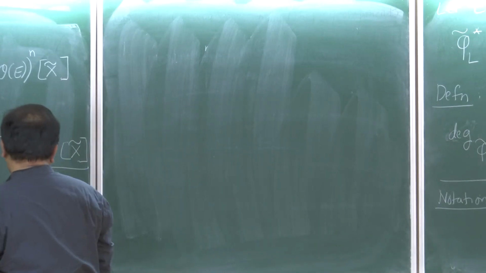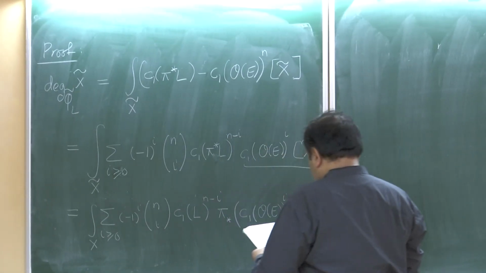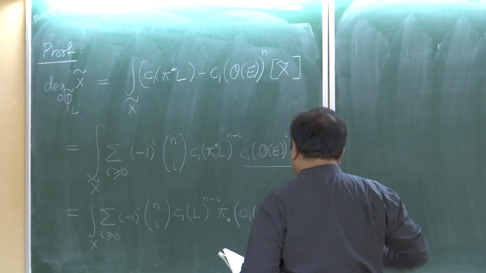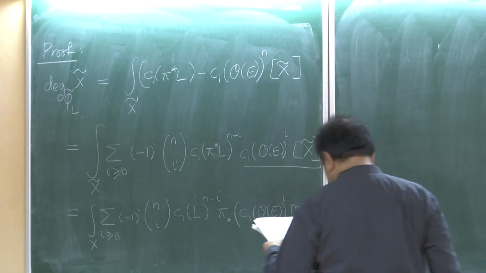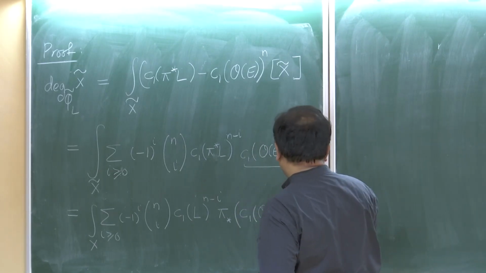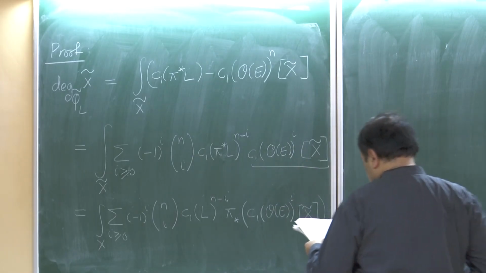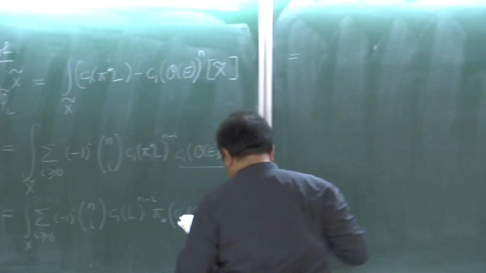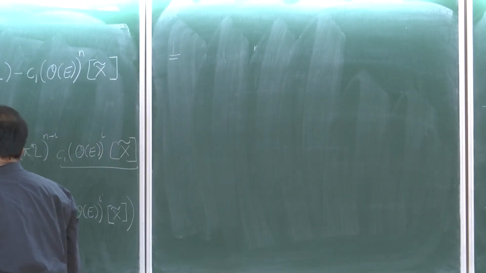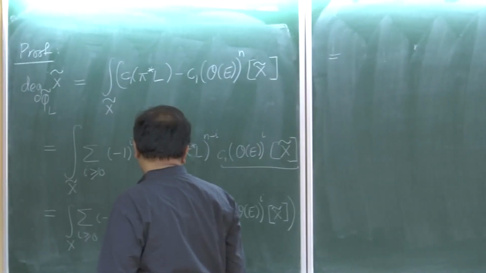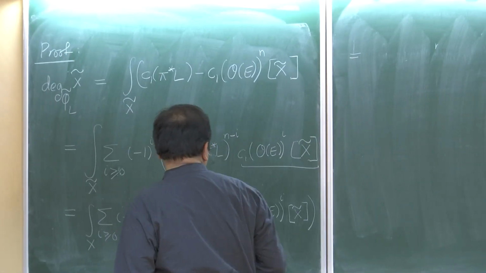Now, let us look at this. So I will basically just start writing this as intersections of E with this class. So this is equal to, when I take I equal to 0, what happens is I get C1L to the power n.